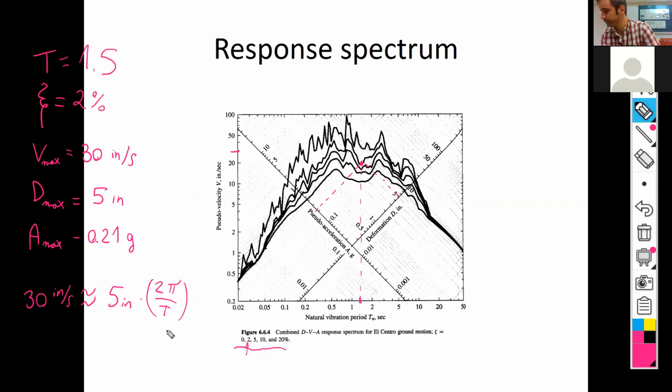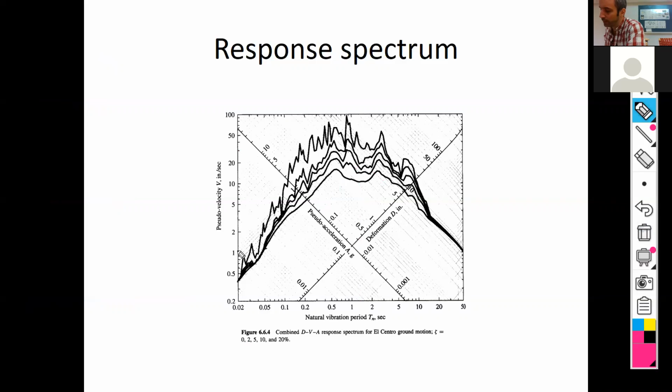And this is, again, the response for a given earthquake. We're still talking about the same earthquake that happened in the 40s, and that's why you can see the response is very spiky, because the results vary a lot. It's very sensitive to the period. While of course the norm will not give you this kind of curves with so many spikes.